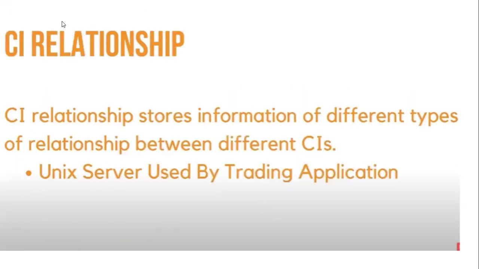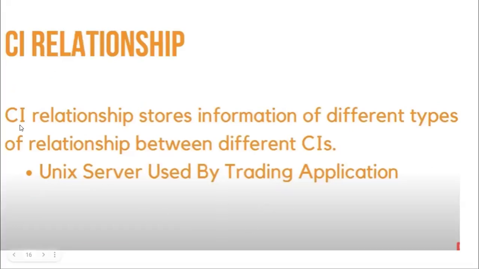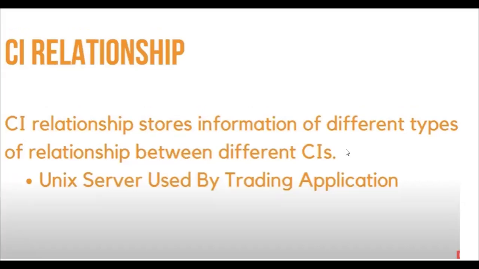Next, our tab is CI relationship. Why do we need the CI relationship? Configuration item relationship stores the information of different types of relationships between different CIs. CIs are the entities or the different CI classes.